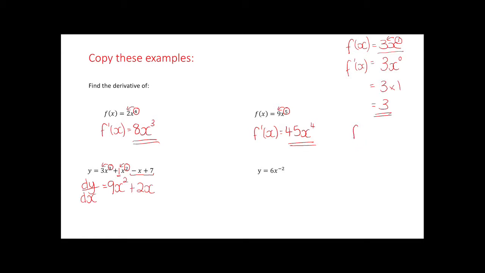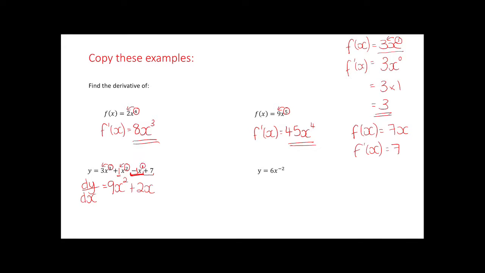So if we started off with, say, f of x equals 7x, when we differentiate that, you would work through the same steps, but we don't always have to do that. The rule that we need to know is if we've just got an x with a power of 1, we're just left with our coefficient, so we're just left with our 7. So if I move back over to this example here and just look at this minus x part, that, remember, is x to the power of 1, and there's a secret 1 here.